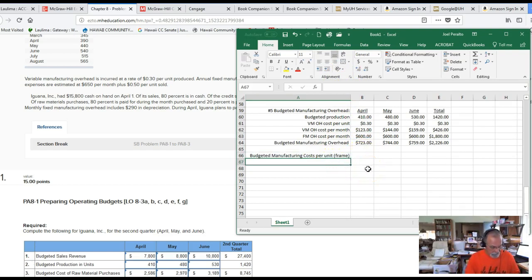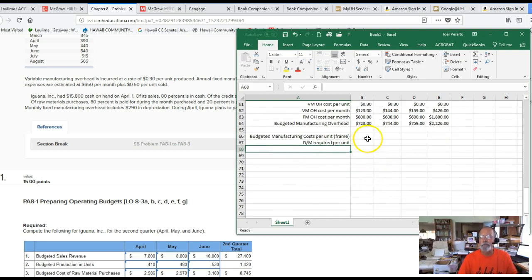So we have our direct materials required per unit, $4 linear feet.